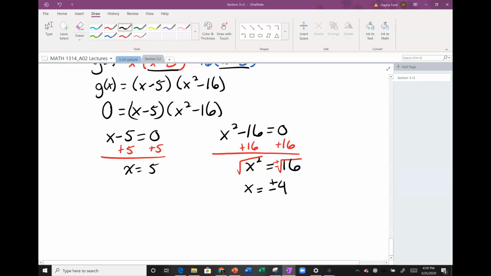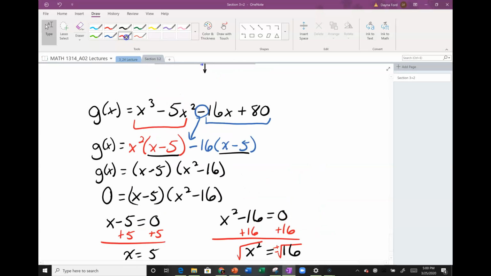So I actually have 3 different x-intercepts or zeros. I have x is equal to 5, x is equal to a positive 4, and x is equal to a -4. And each one of these occurred one time because none of them had multiplicity or anything of that nature, okay?